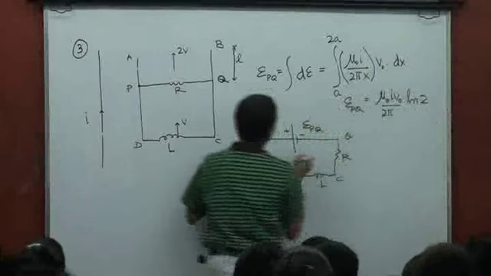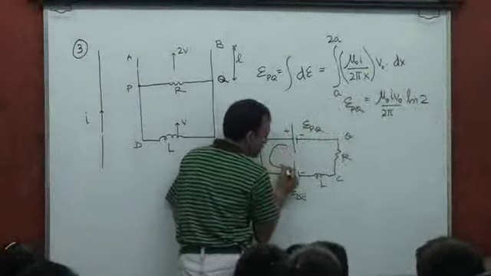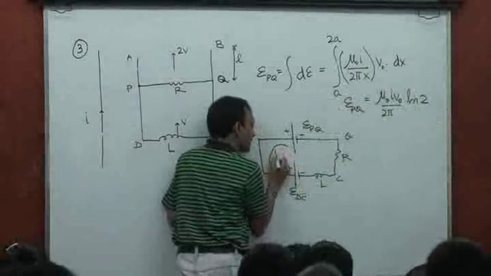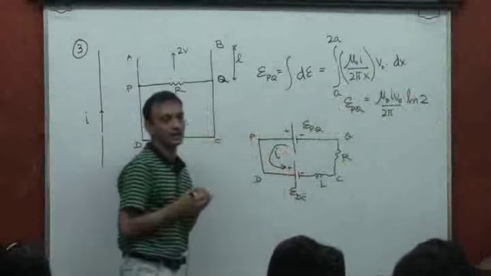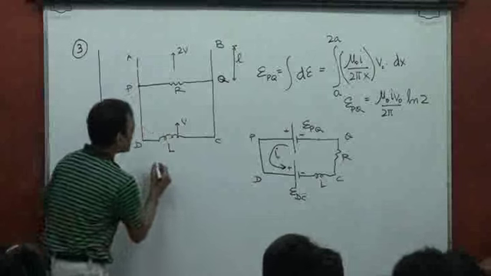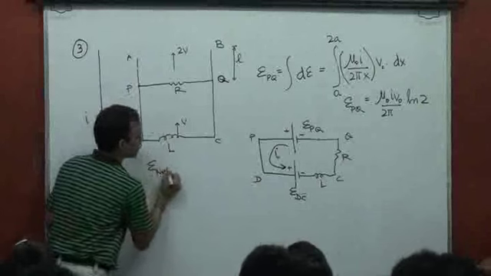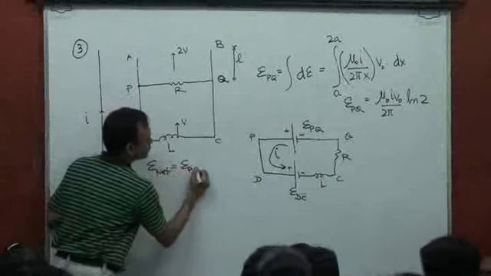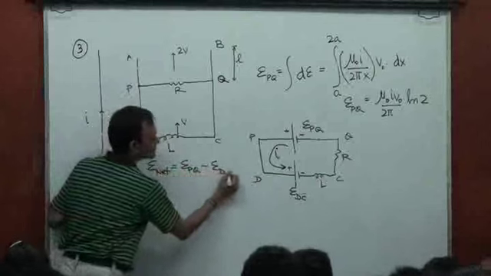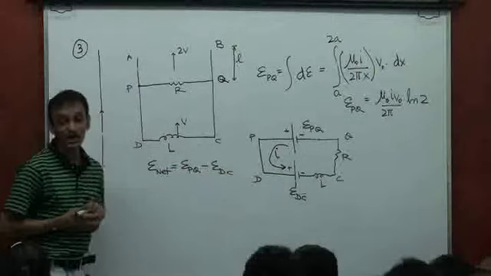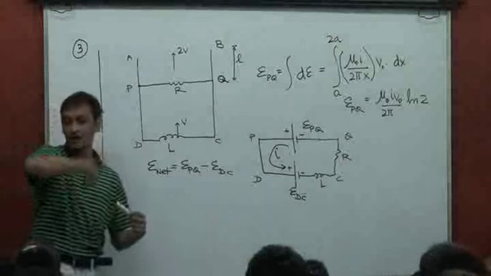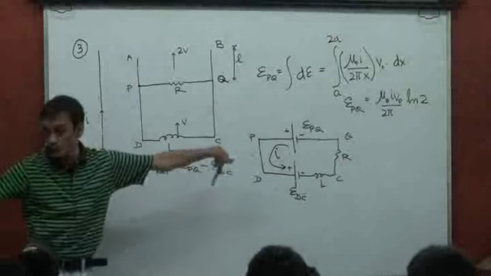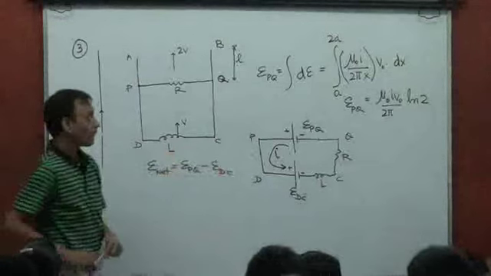That means you have a net driving EMF this way, driving a current I in the circuit, and the EPSA net for the circuit is going to be EPSA PQ minus EPSA DC. That's a net EPSA available counterclockwise in this loop, right?